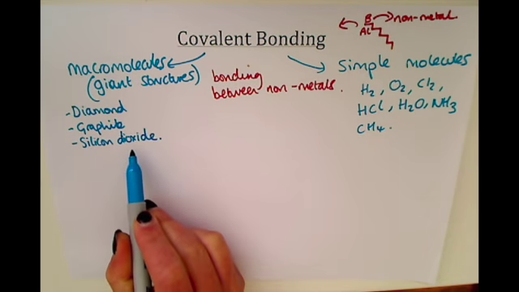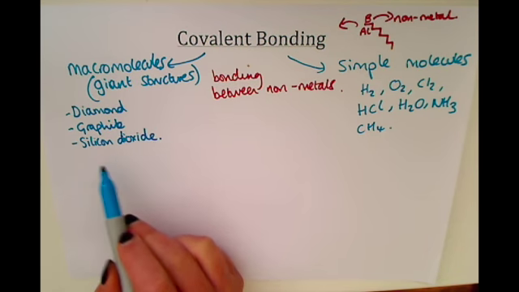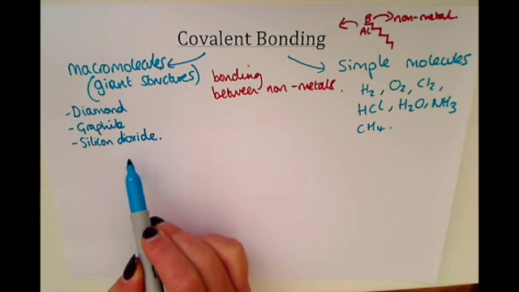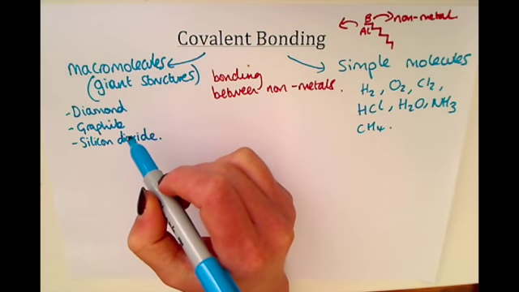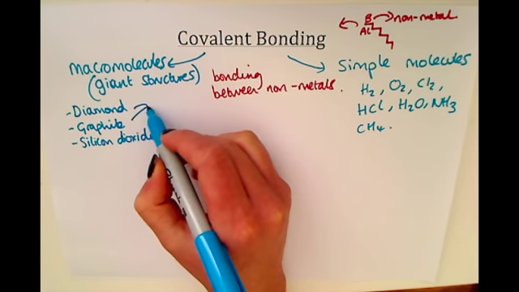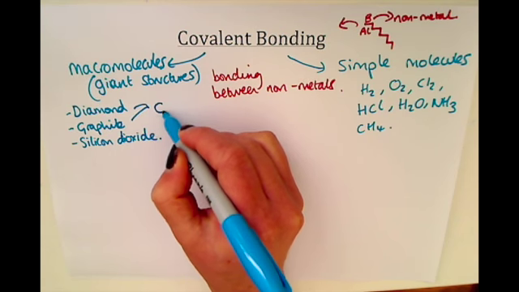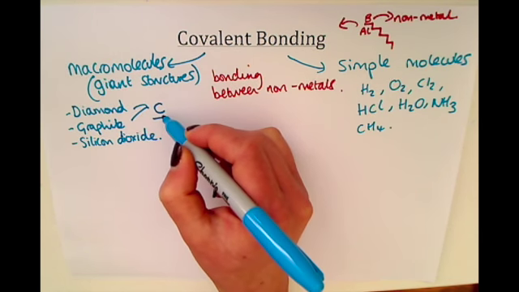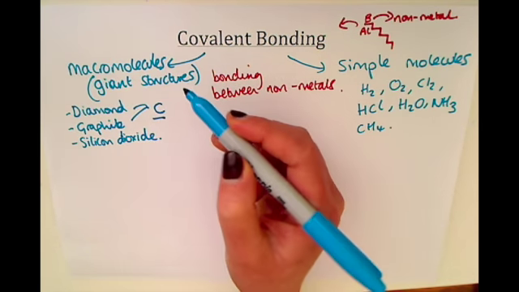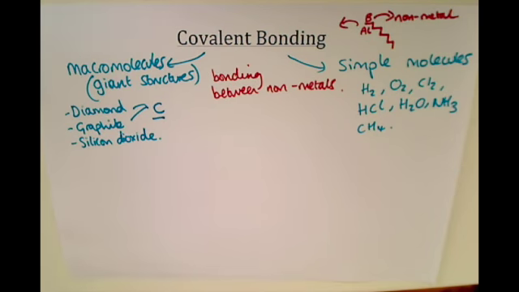Silicon dioxide is the covalent bonding between silicon and oxygen, and diamond and graphite are quite simply both different structures which are made out of carbon. So carbon bonding with carbon is again a covalent bond because carbon is a non-metal.